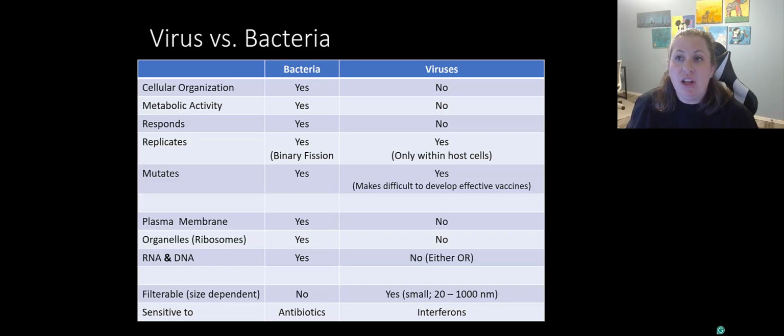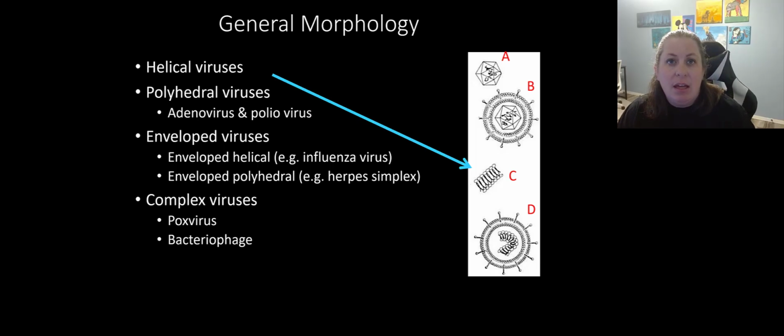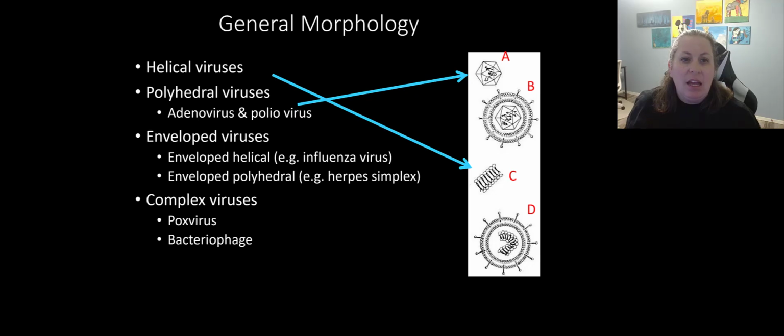So let's look at some of the general morphology or shapes that we see with viruses. All right, so some viruses are known as helical viruses. Helical viruses are seen here in C, okay? So C is a helical virus. We have some viruses that are considered polyhedral. Polyhedral means they have lots of sides to them. This is like adenovirus and poliovirus. Now, these are seen here.